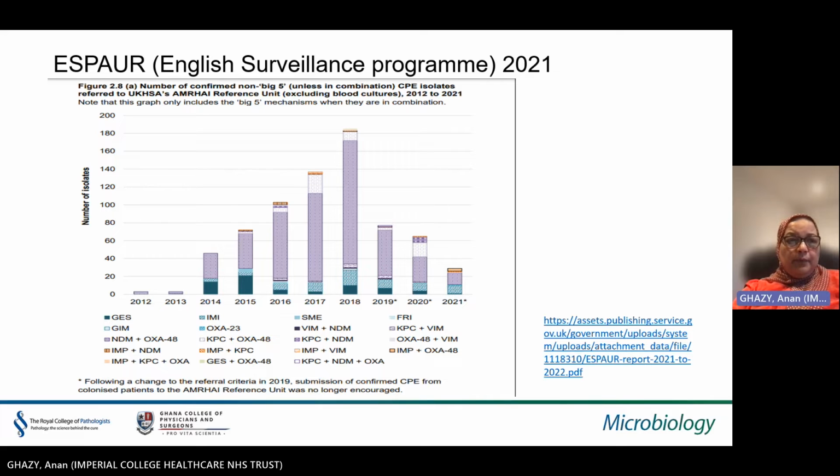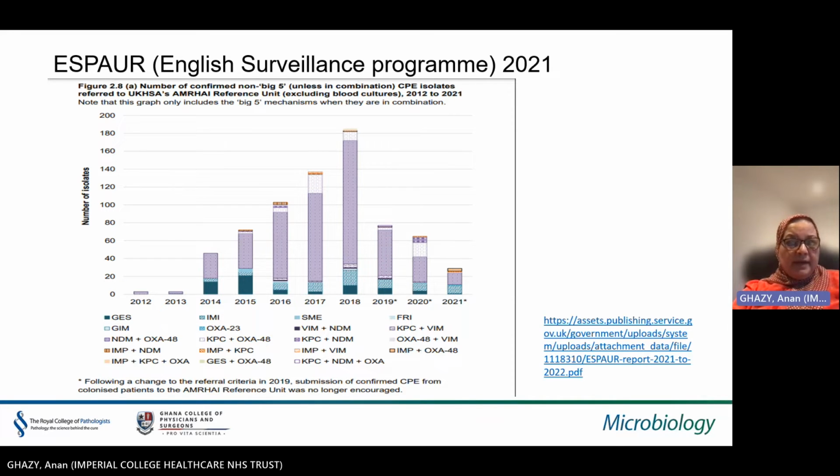In this report, it also shows a figure with the number of confirmed non-big 5 and in combination CPE isolates referred to the Public Health England Antimicrobial Resistance Reference Lab in 2021 compared to 2012.